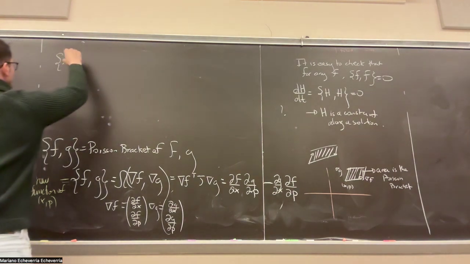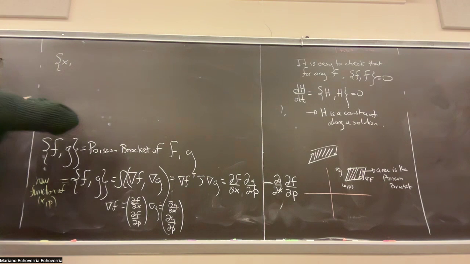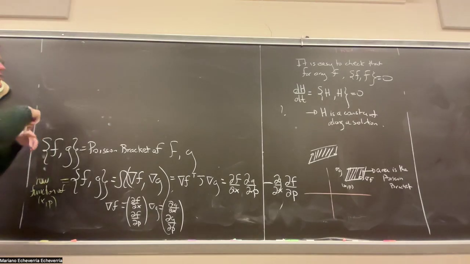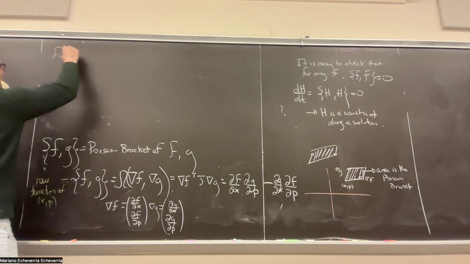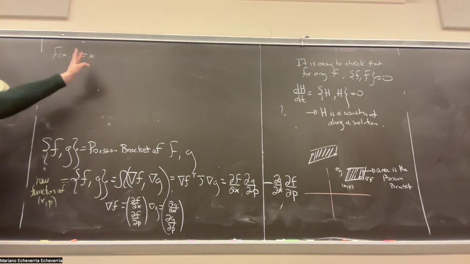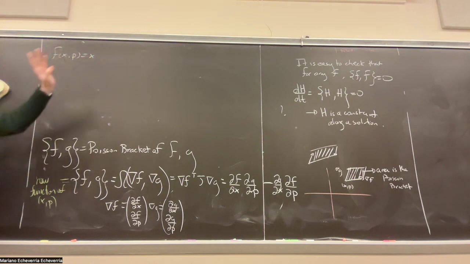What is a Poisson bracket of... this looks a little bit weird. Let me just, I'm almost done. So let me just, to not abuse notation, imagine that the function f is just the function that records the first coordinate. It's just x, so you could just write this as x.